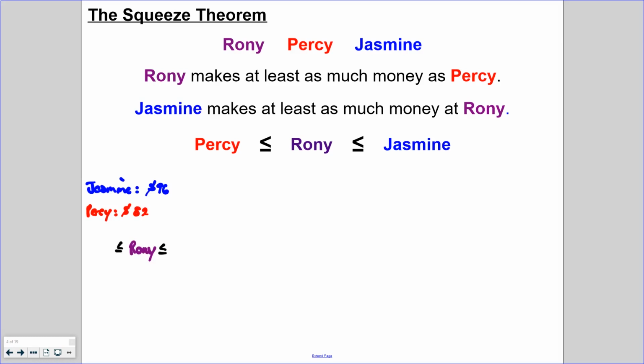We can figure out from this that Ronnie makes between $82 and $96. And that's a range of $14. That's great and all, but $14 is a lot. So if we want to figure out how much Ronnie makes, we need to pick better examples for Jasmine and Percy that are going to shrink that range of $14.